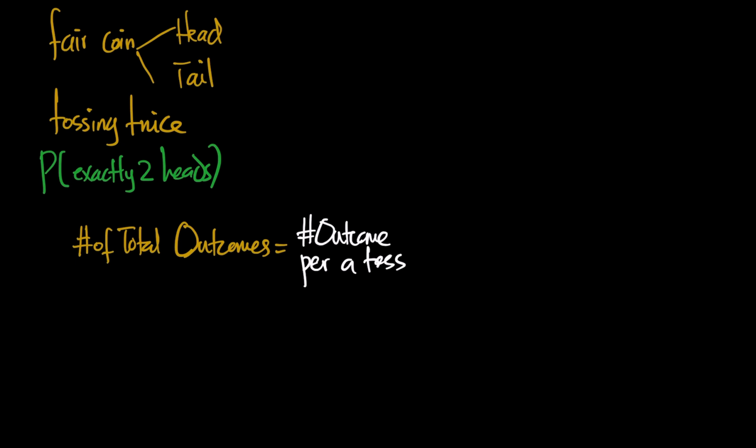Just like a human being is either dead or alive, only two outcomes. So if we toss a fair coin once, the number of outcomes is two, a head or a tail, and then you take it to the power of the number of trials.